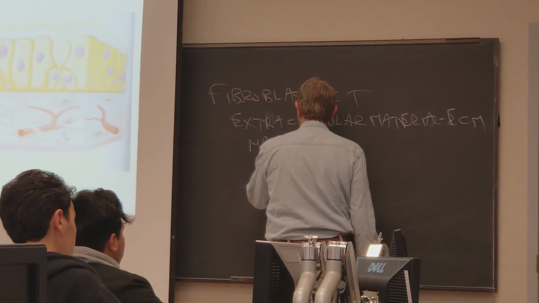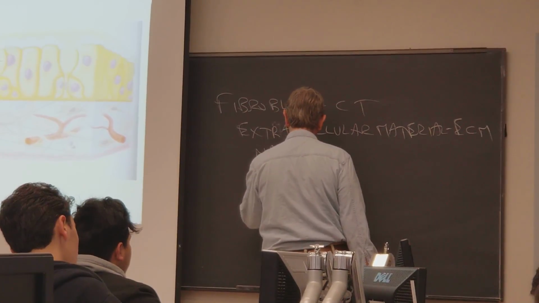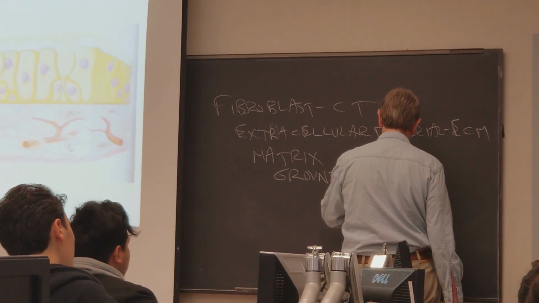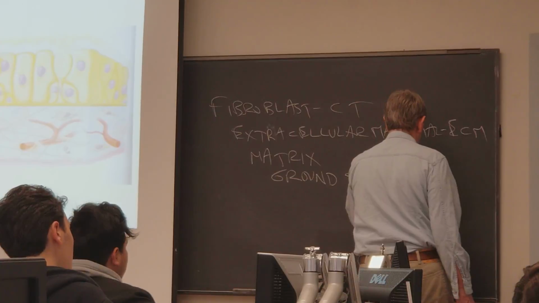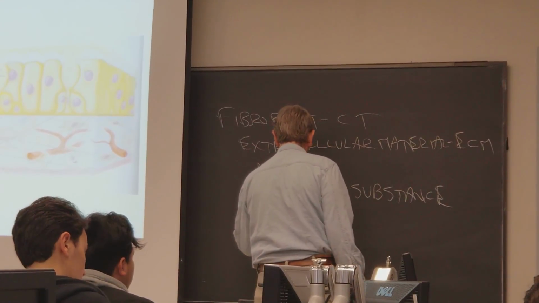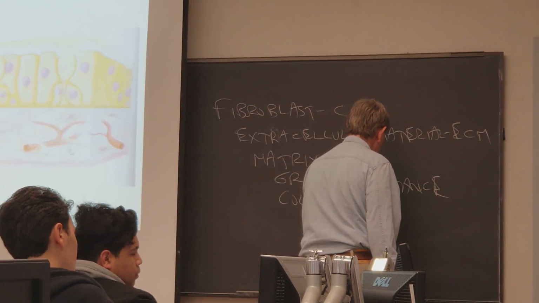And matrix is an ECM that's composed of a glue-like substance called ground substance. And then you also have fibers. Here we're talking particularly about collagen fibers.